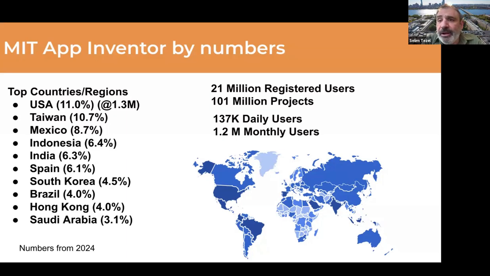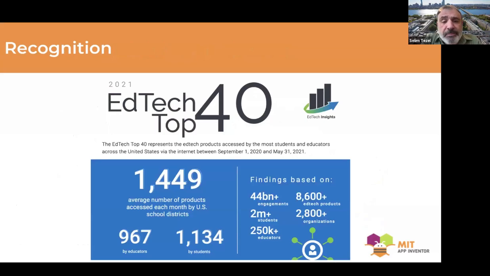So something is going on that we are also trying to figure out the reason for. The platform has been recognized by EdTech Top 40 project. Basically, it ranks different educational technology projects in the world, and we were in the top 40 that they have chosen.